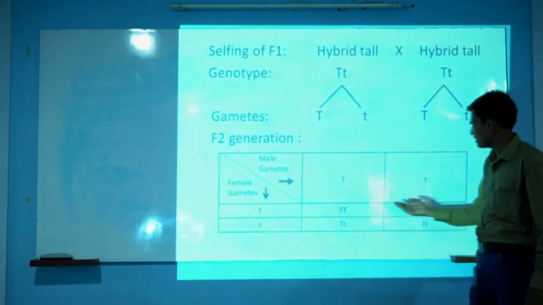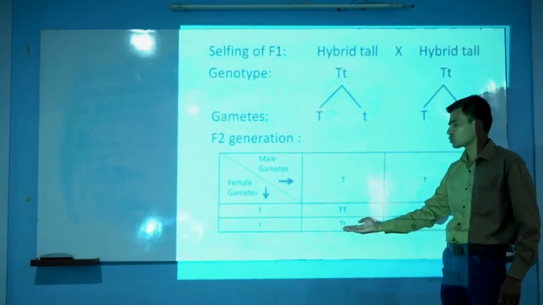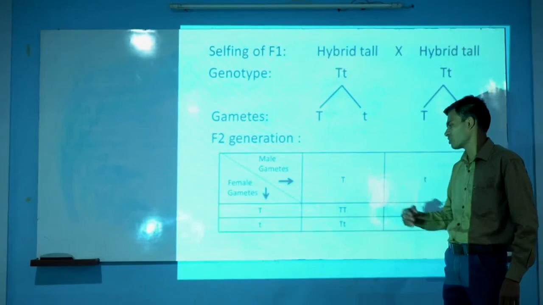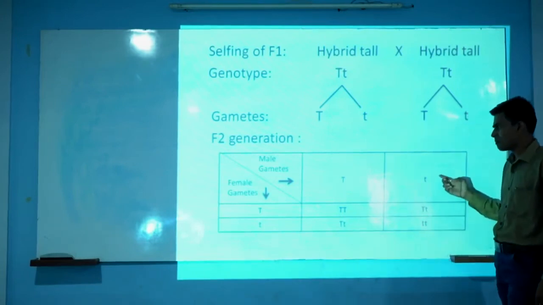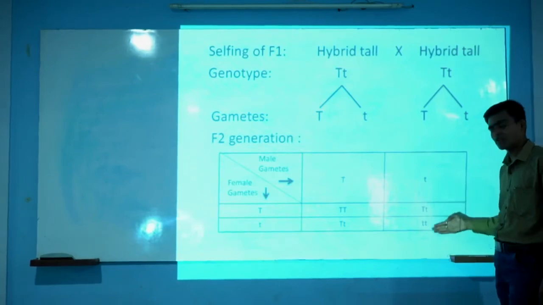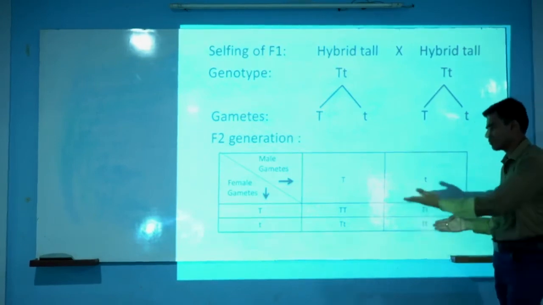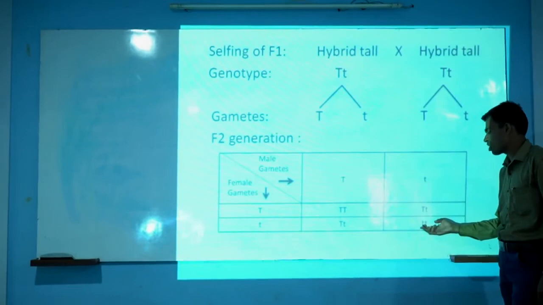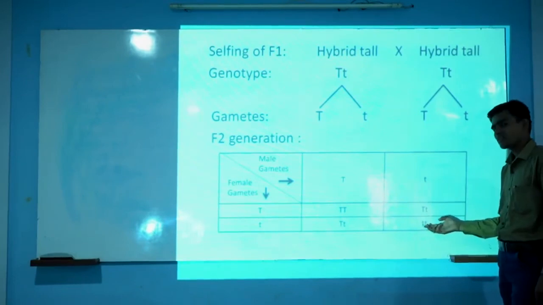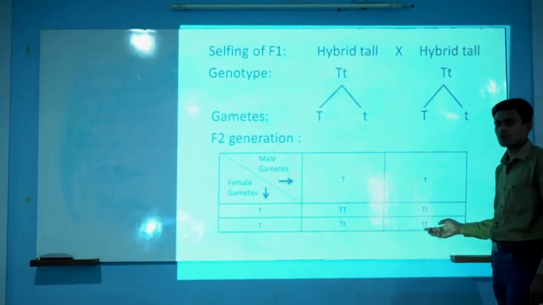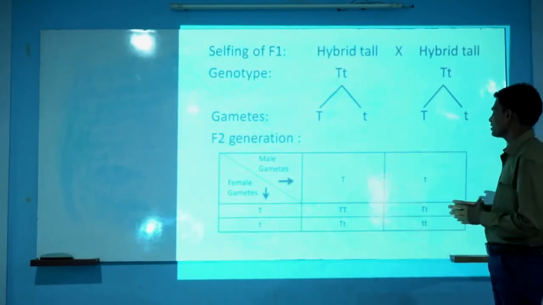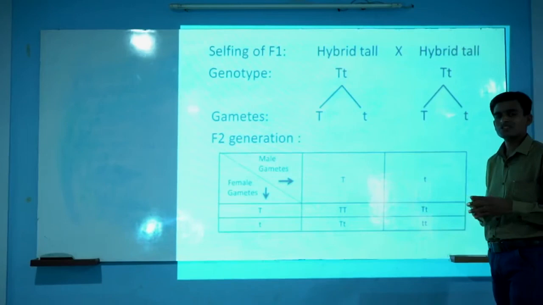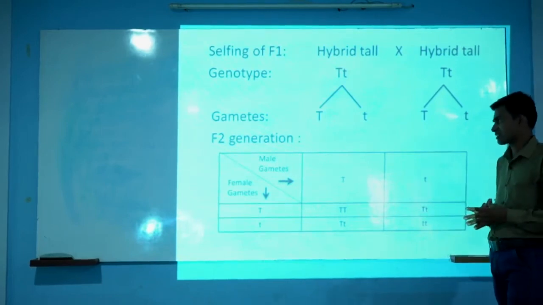Then the third plant is also the same, a heterozygous tall, capital T, small t. The fourth gets one factor from the male gamete and another from the female gamete, small t, small t. So this is the pure dwarf. So there are three different genetic constitutions for the expression of the characteristics.